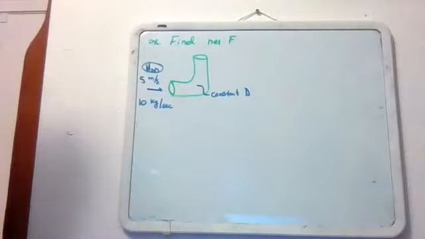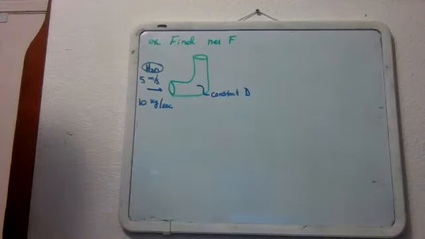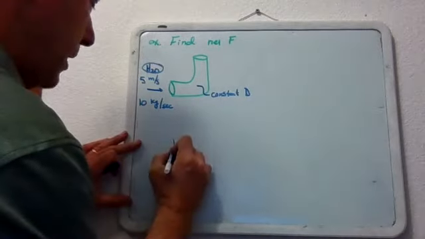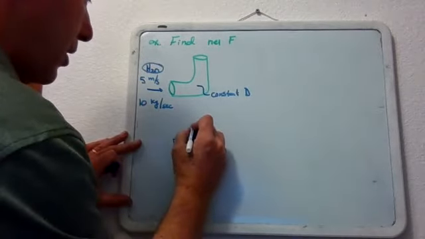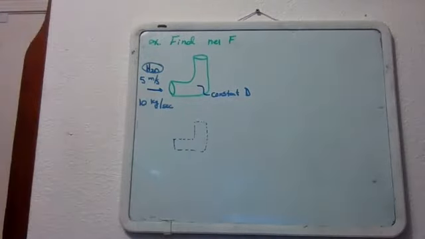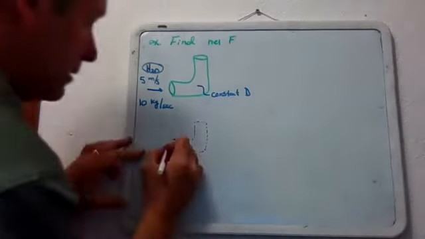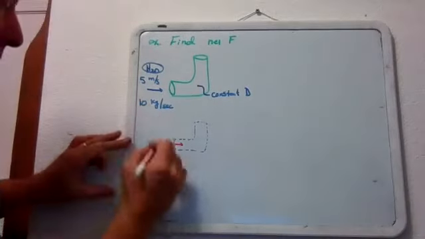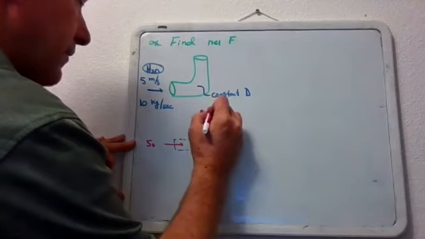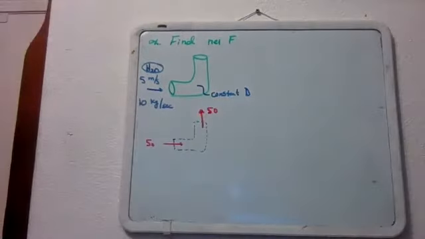Okay, the numbers here are really easy, but we have to be careful because we need to think about vectors, or direction. If I go ahead and do that control volume drawing over here, the in is going to be 10 times 5, which is 50, and the out is going to be 50.